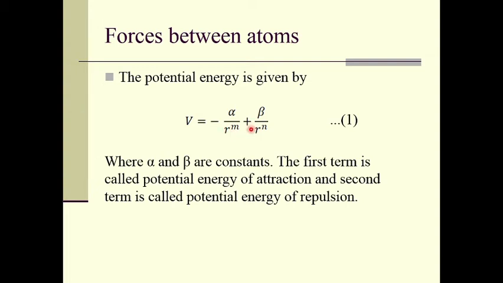It is the attraction term, plus beta upon R raised to n is the second term, called the potential energy of repulsion, because it is positive, right. Please remember the potential energy of attraction is negative and the potential energy of repulsion is positive.